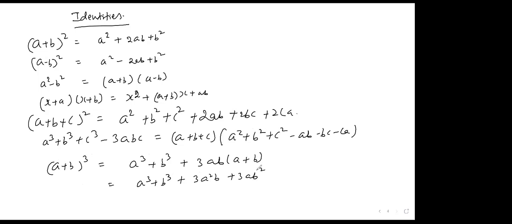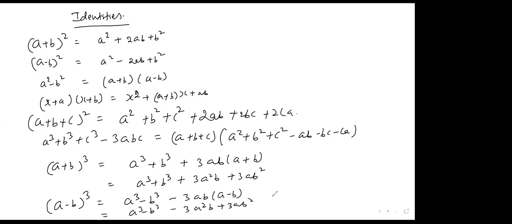And what about (a minus b) whole cube? a cube minus b cube minus 3ab(a minus b), or you can write a cube minus b cube minus 3a square b plus 3ab square. Okay? These are the basic identities that will be used in polynomials.